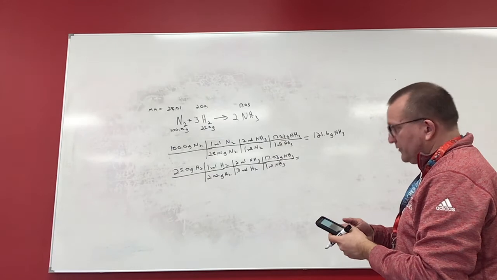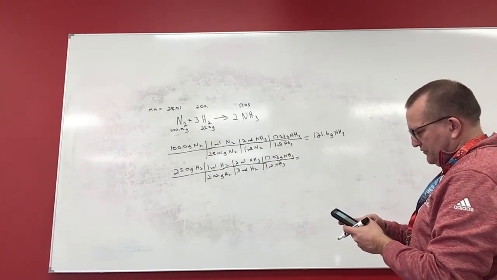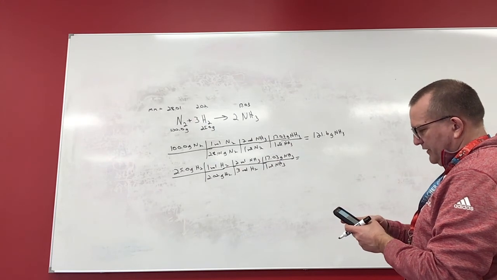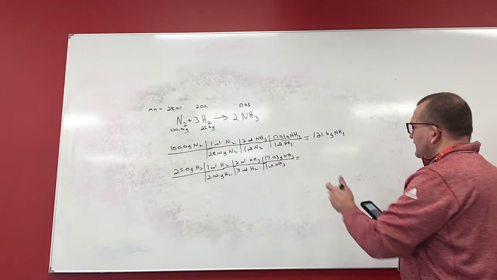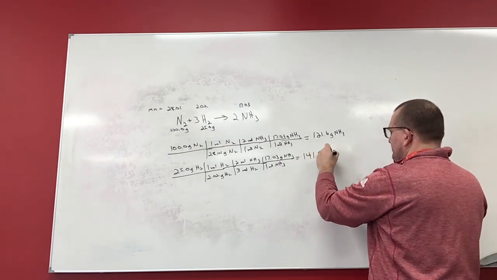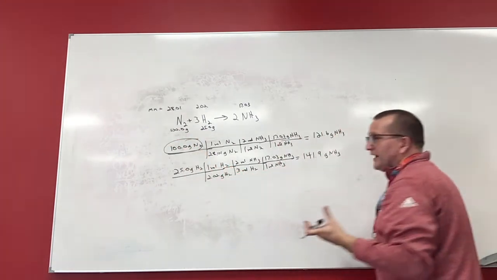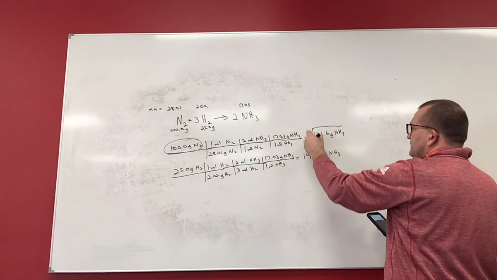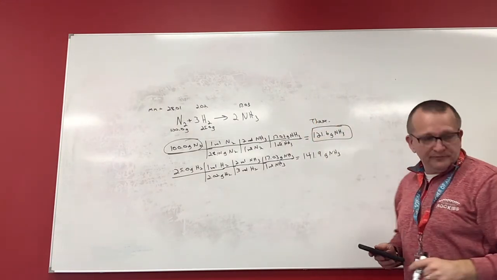And then we solve, so 25 divided by 2.02 times 2 divided by 3 times 17.03, I get 141.9 grams of NH3. So my limiting is this, which means when I run this reaction, I'll get this. So this is my theoretical yield.